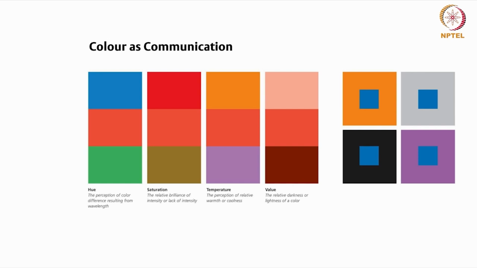For example, the same blue situated on backgrounds of varying saturation values and temperature appears to change color, which is visible on your right. This effect of color context is called simultaneous contrast. We will discuss this in detail during the elements of design module.